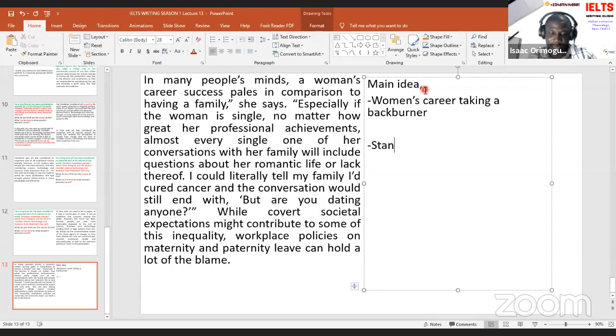We have things like pale in comparison. I used to call it higher expression before, higher expressions. Or let's say standard. So we have pale in comparison.